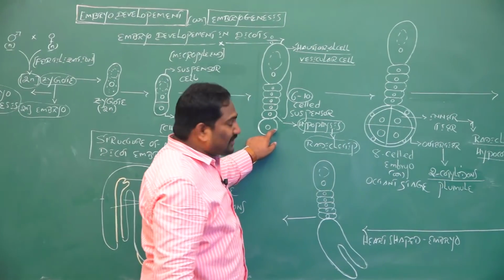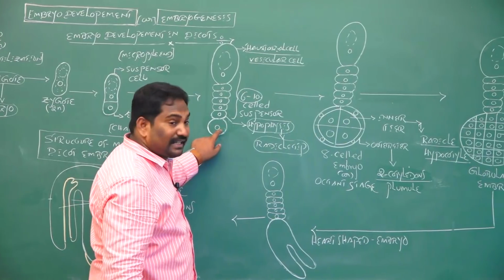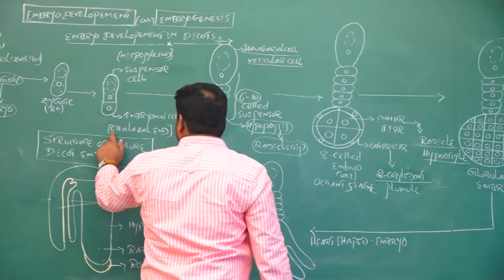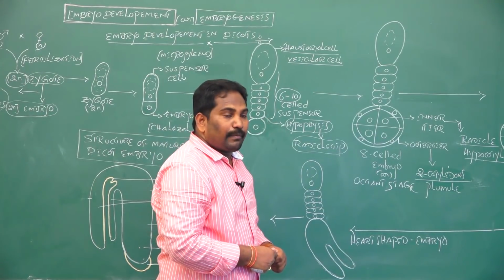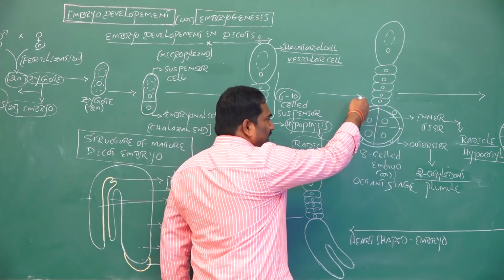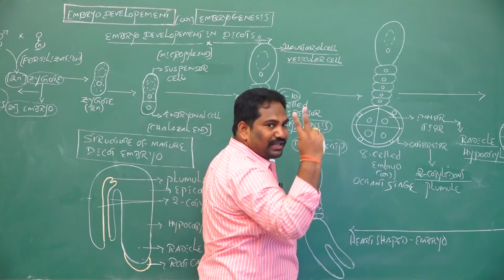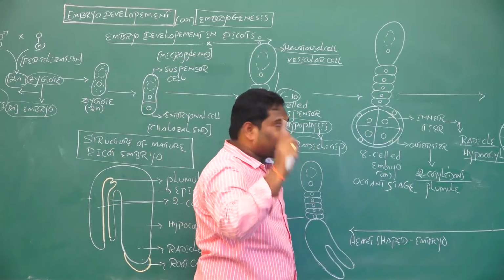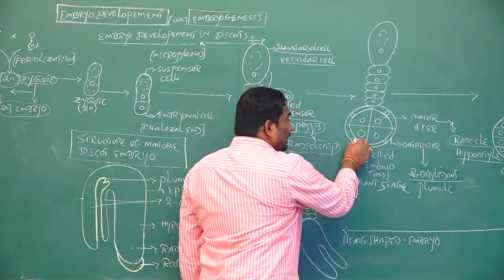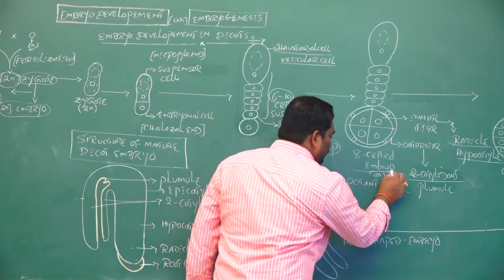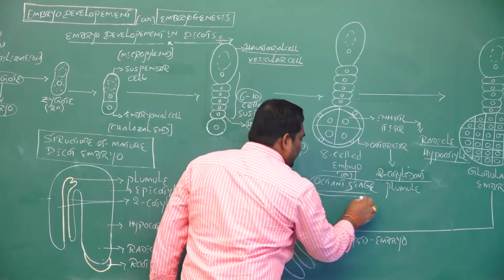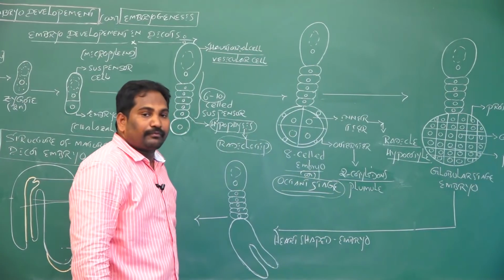Now, in the third step of embryo development in dicotyledons, the embryonal cell or terminal cell present towards the chalazal end starts to divide. When the single embryonal cell divides vertically 2 times and transversely 1 time, it produces an 8-celled embryo. This 8-celled embryo is called the octant stage. Octa means 8.